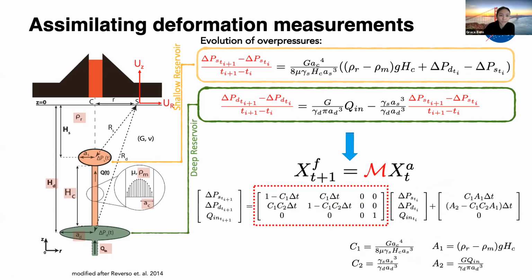So the evolution of the overpressures within the shallow chamber and the deep reservoir are given by these equations here, and I just rewrote it in a matrix form so that we have this kind of form of equation. And this is your model operator. This basically propagates your state vector forward in time.